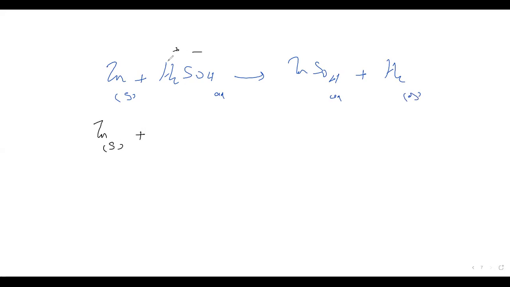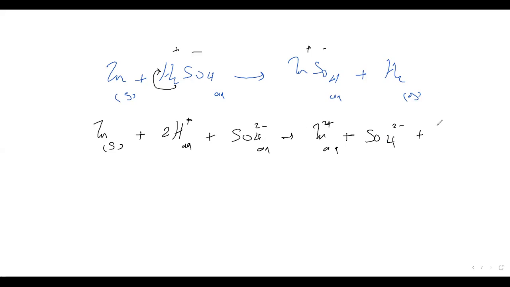For H2SO4, positive and negative: for H2 it must be 2H positive, so if we have any number, it must be written before. 2H positive aqueous plus SO4 negative 2 aqueous, since the valency of SO4 is 2, gives Zn 2 positive aqueous plus SO4 2 negative plus H2 as a gas.